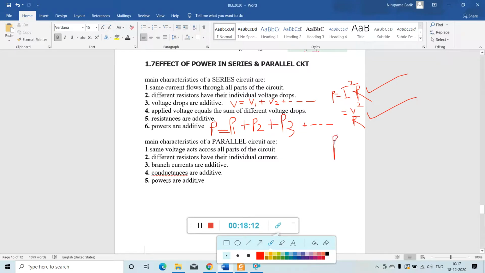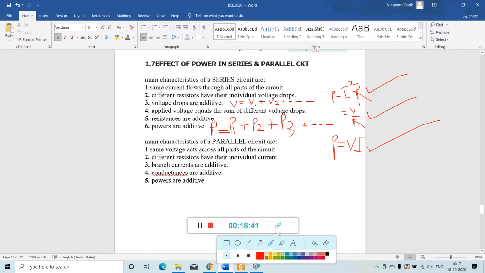So P is equal to V into I. This is the main formula for power. From this equation we can find P is equal to I square R and P is equal to V square by R. If I put V is equal to I into R here, then I R into I gives I square R. If I put I as V by R, then P is equal to V square by R. Okay, so clear about the power.